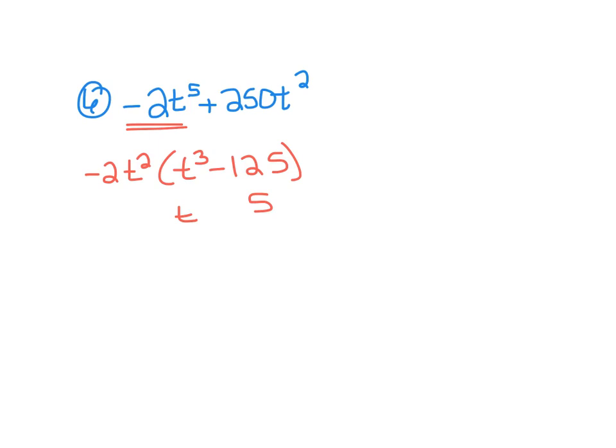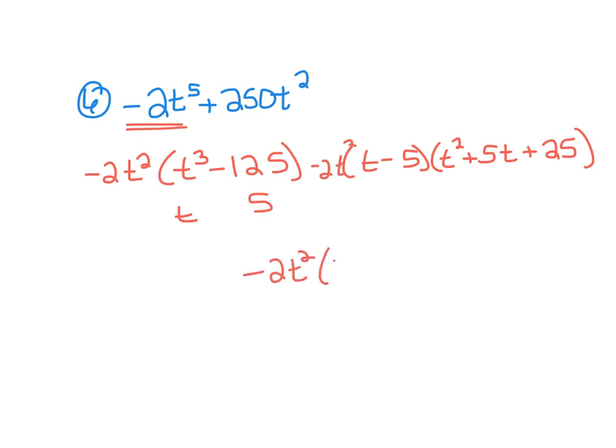So here we go. t minus 5, because it's the same sign, t squared plus 5t, always positive, 25, and then make sure to bring over the negative 2t squared. So negative 2t squared times t minus 5, t squared plus 5t plus 25.